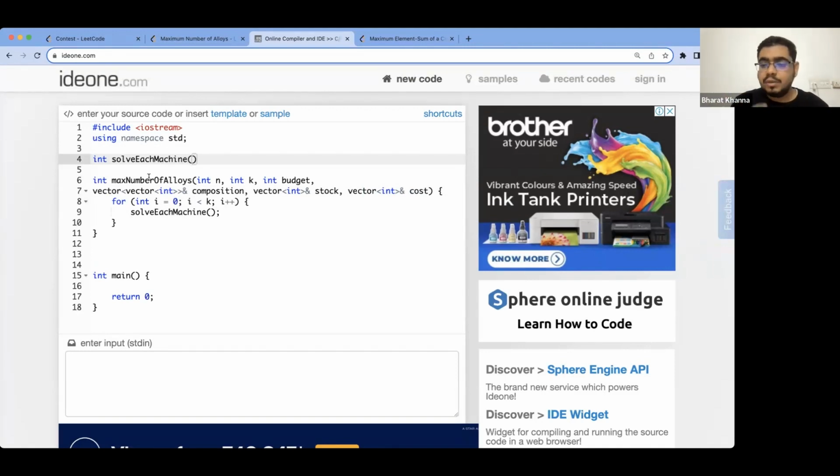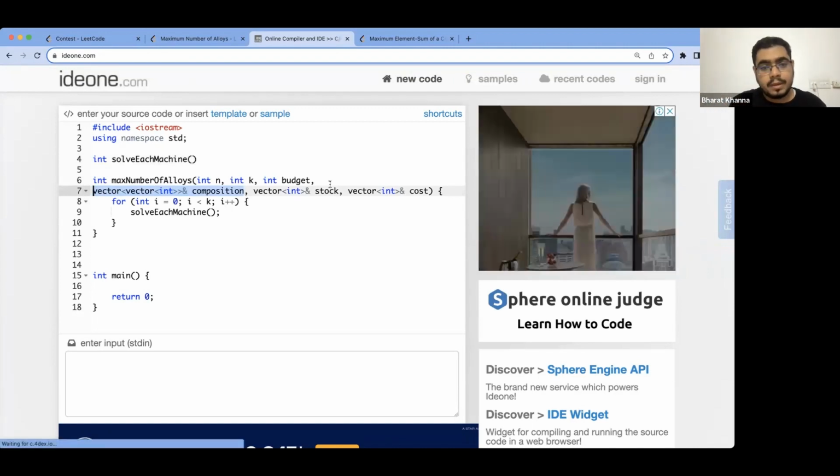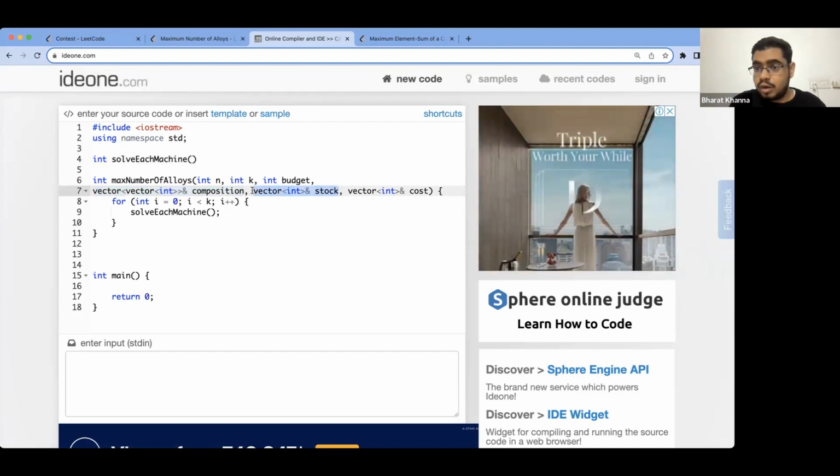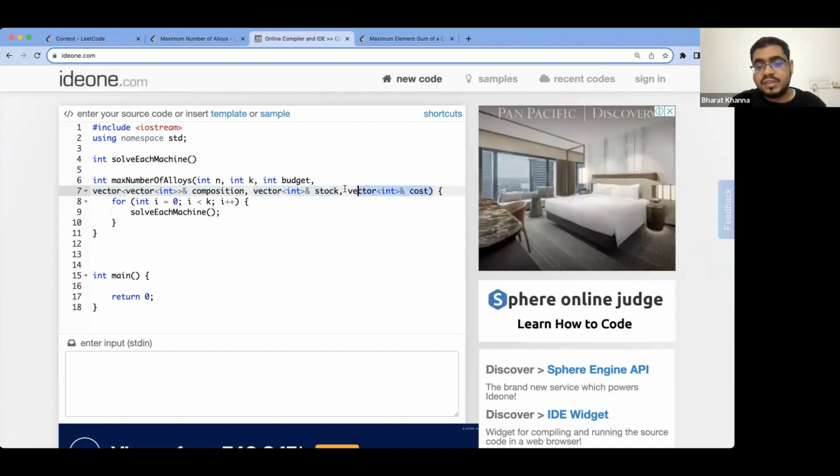ठीक है, अब we need to think about कि for each machine what do we need? We need to know what is the composition of alloy that machine is creating, right? उसका composition क्या है, कितना stock already है, what is the extra cost, and what is the budget? These four things, yes or no?